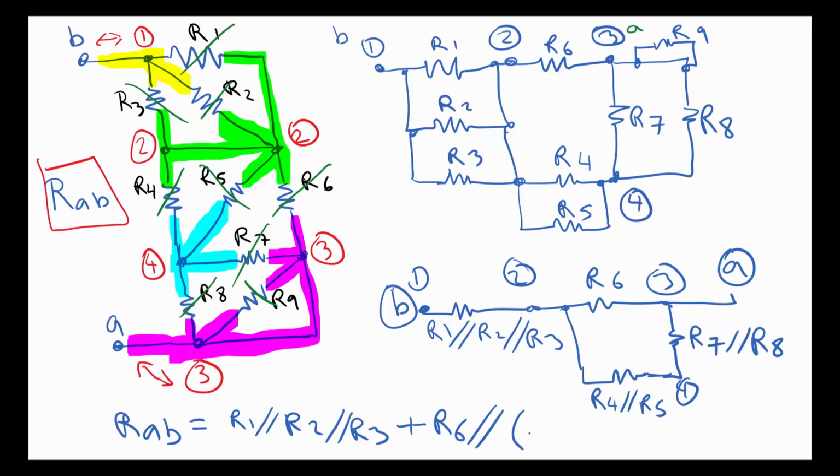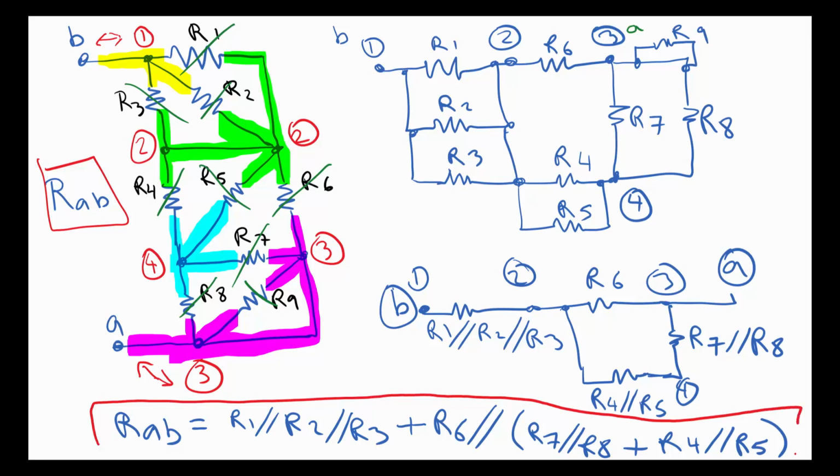So that is R7 parallel R8 plus, because these two are in series, R4 parallel R5. So that is the parallel series equivalent resistance for that entire network right there. Okay, hope that helps.